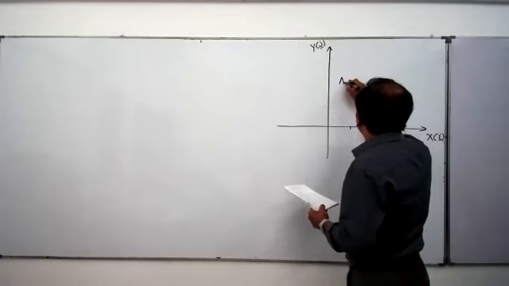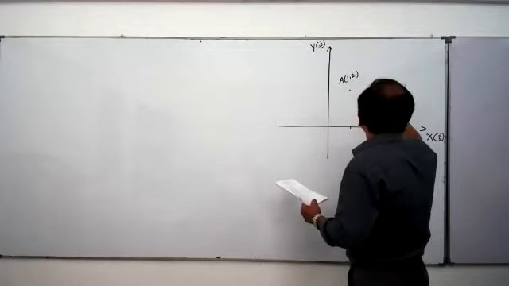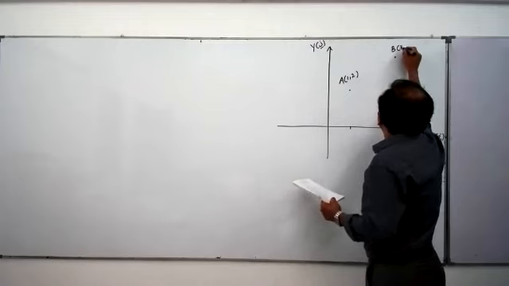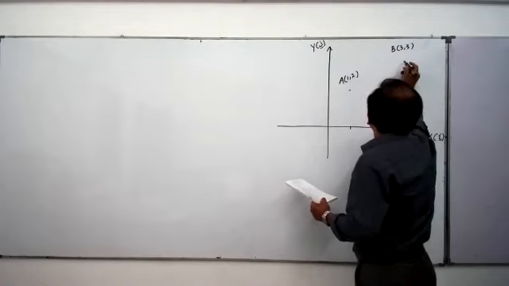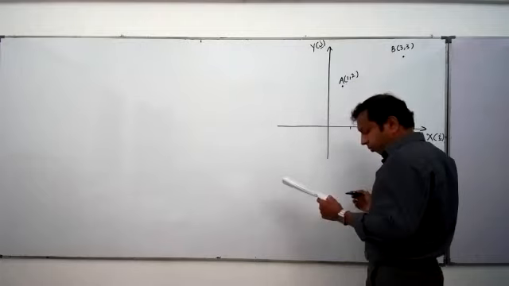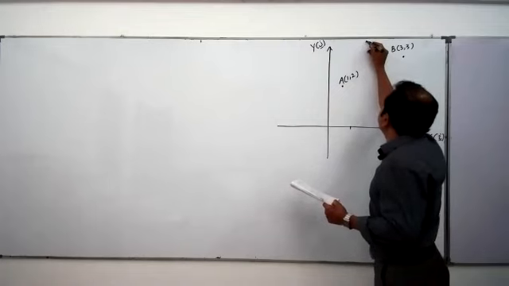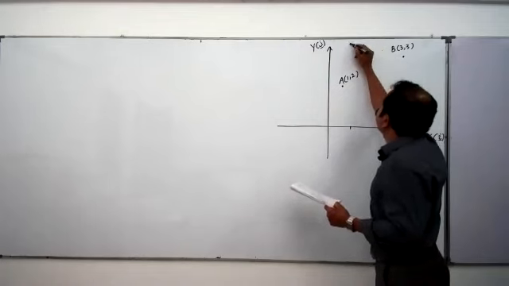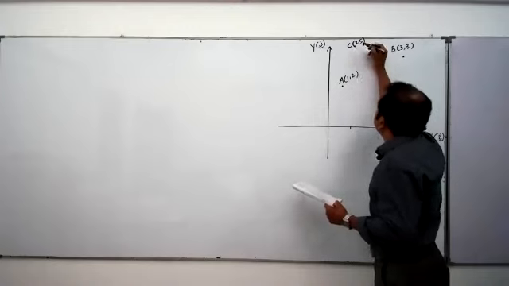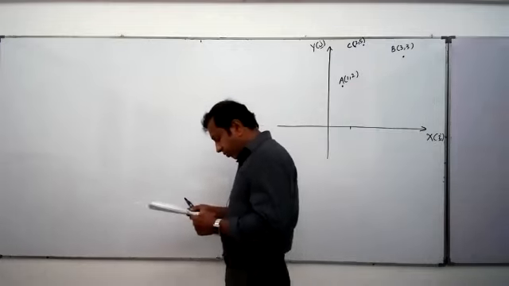B is (3, 3), somewhere here. Point C is (2, 5), somewhere here, no, people? These are the three points given to us. They are the vertices of a triangle.